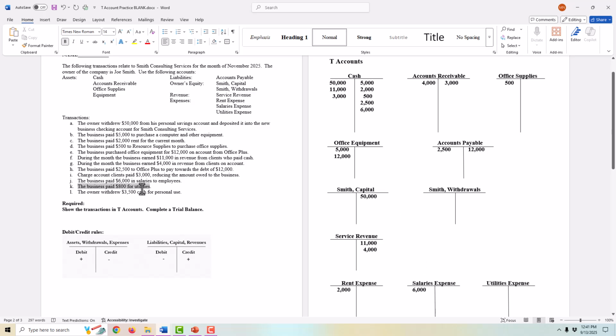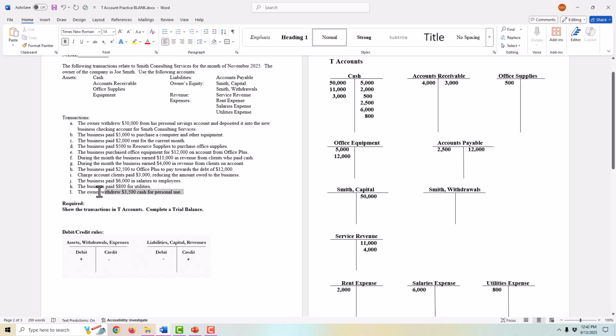Okay, then they paid $800 for utilities, and this is the same situation. We're going to add to utilities expense because they incurred an expense. And then it also subtracts from cash, which is an asset, so we subtract from cash on the credit side. So $800 would go there.